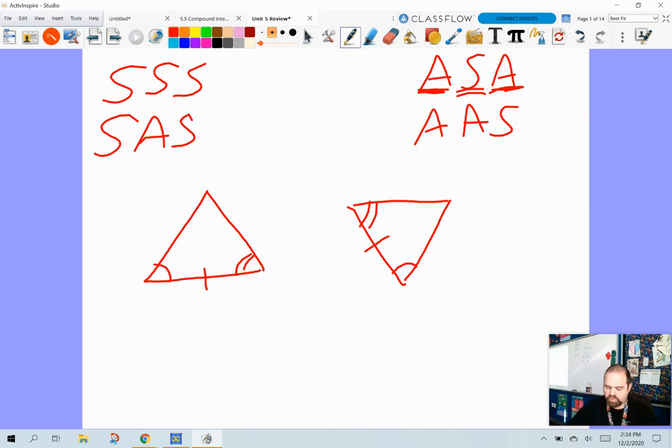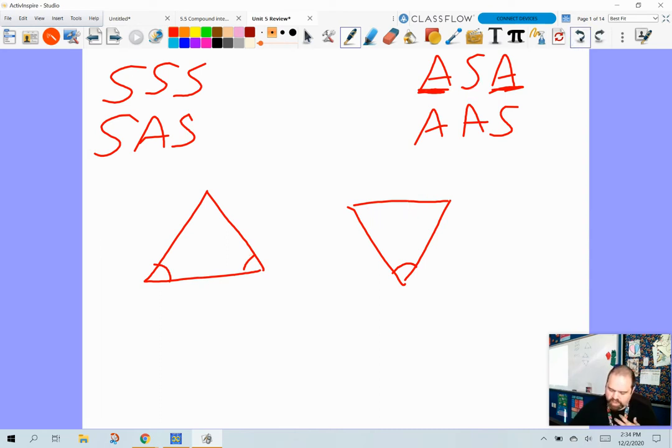Two angles, side in between them. But again, let's say I've got two angles and a side here, and let's say it was this side that was marked instead. Since the sides don't correspond, since they don't match up, those wouldn't be congruent, or we don't have the right information, or more information is needed, or something along those lines. But the way it sits, that pair of triangles right there, they're not congruent. It's not going to work.